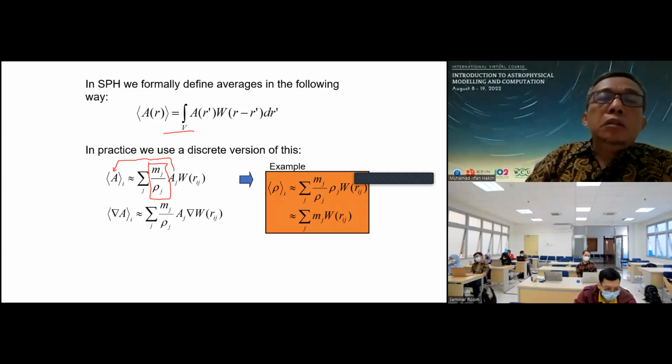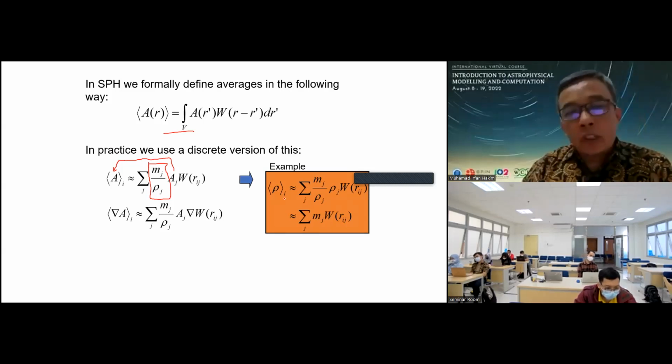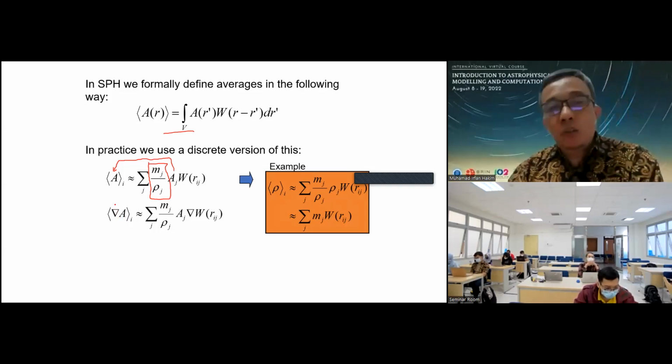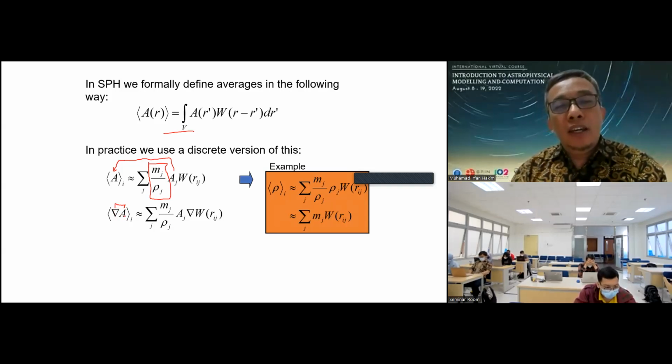Another expression is the grad of A. So we principally swap this notation, nabla and A here.